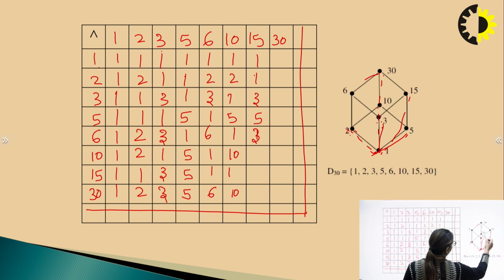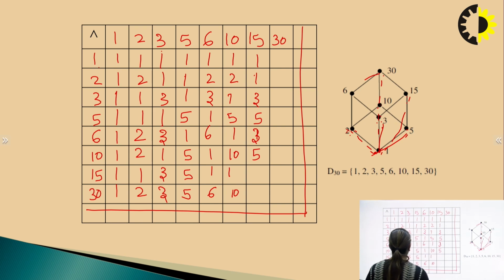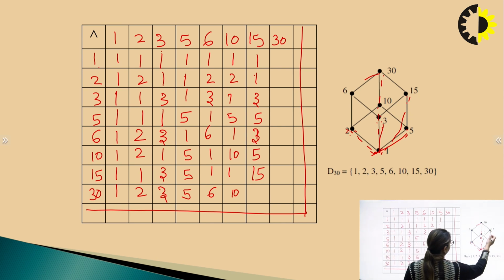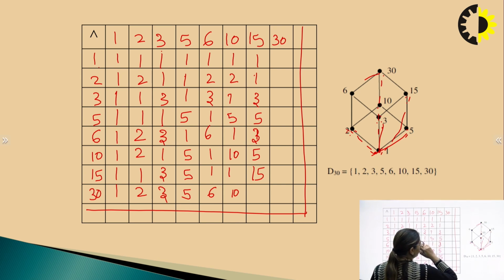15 and 10 is 5. And 15 and 15 is 15. 15 and 30 is 15.